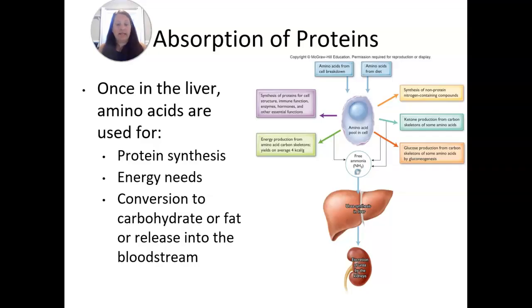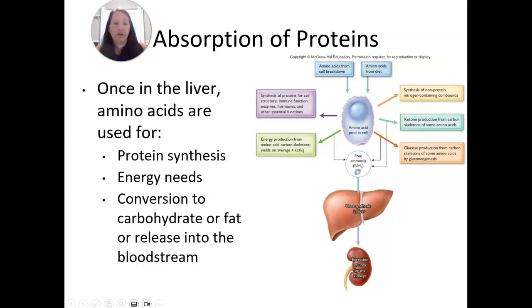Okay, once they are in the liver, the amino acids can be used for various things. They can be used for protein synthesis in the liver. They can be transported into the bloodstream, sent to all of your body tissues, and again, be used to produce proteins. They can also be broken down for energy. That is not the best use of proteins. Okay.